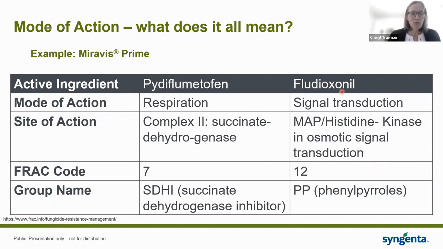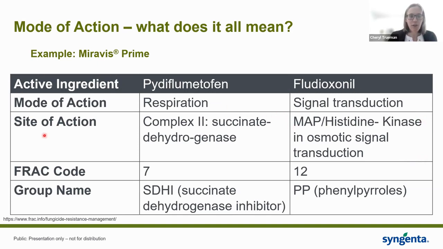If you're an agronomist or a grower, these things might not be of primary importance for you to know or remember, but it's important to think about the concept of mode of action, because you'll see that they're different between different active ingredients.